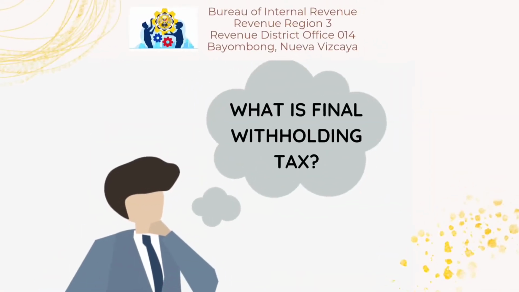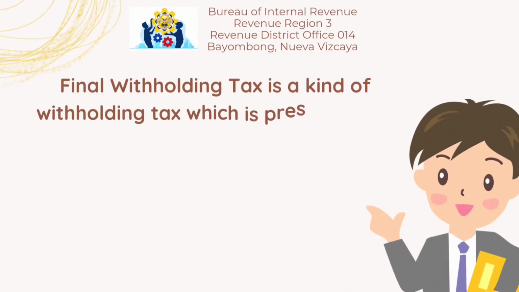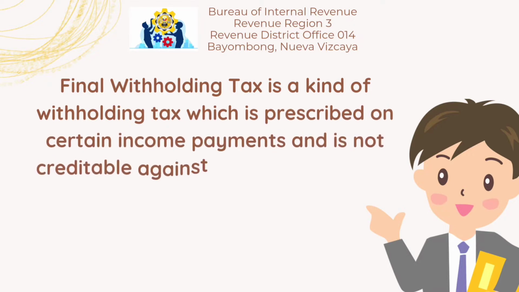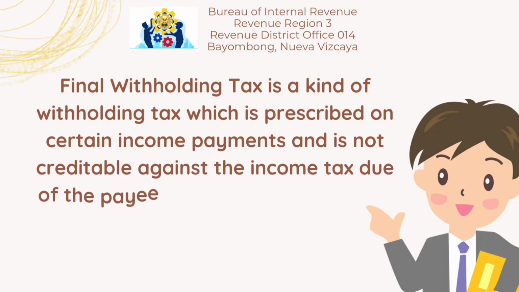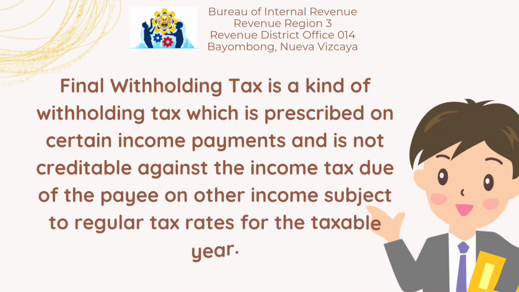What is a final withholding tax? Final withholding tax is a kind of withholding tax which is prescribed on certain income payments and is not creditable against the income tax due of the payee on other income subject to regular tax rates for the taxable year.